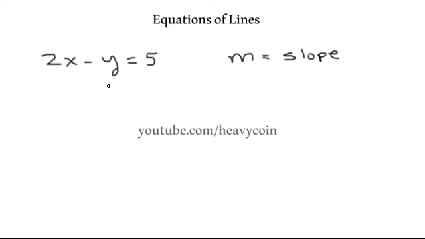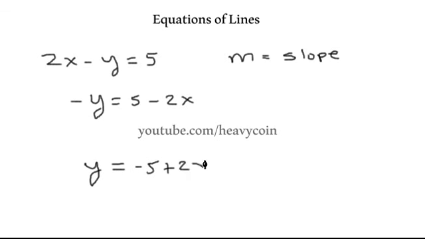I'm going to take this 2x over to the other side, it becomes negative 2x, and multiply through by negative 1, so we have y is equal to negative 5 plus 2x. Now remember, I said that this coefficient represents the slope, so m is equal to 2. All you got to do is solve for y and then look for the coefficient in front of x.